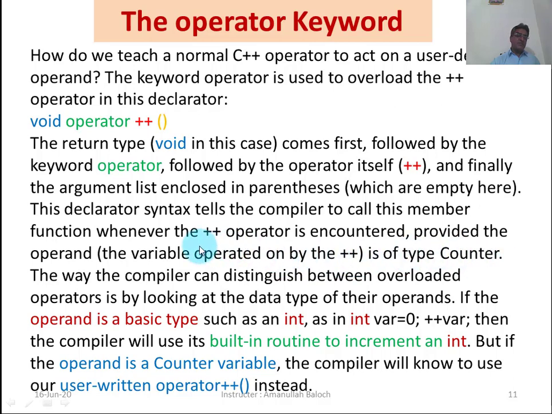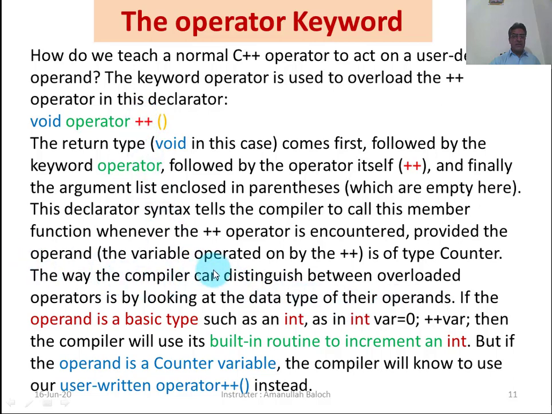That is, if the operand used with this plus plus operator is an object of the counter class, then it will be activated. Otherwise, for a standard data type, this operator will not activate it.